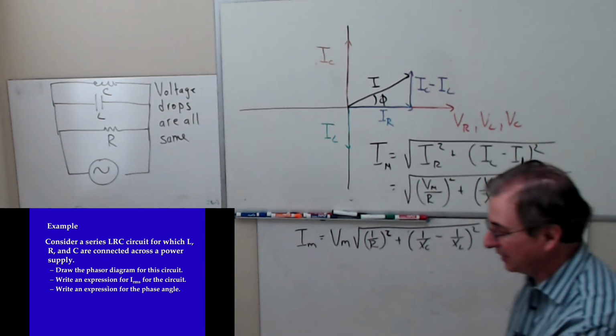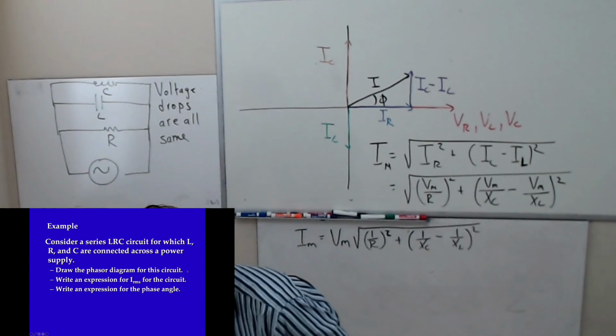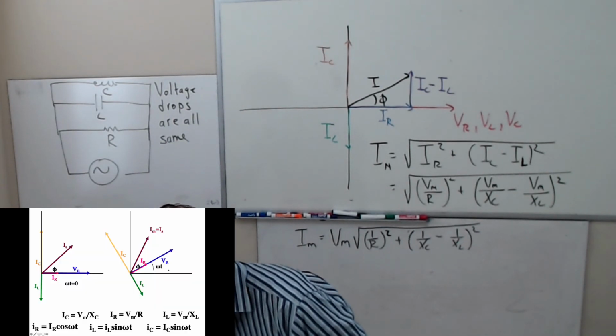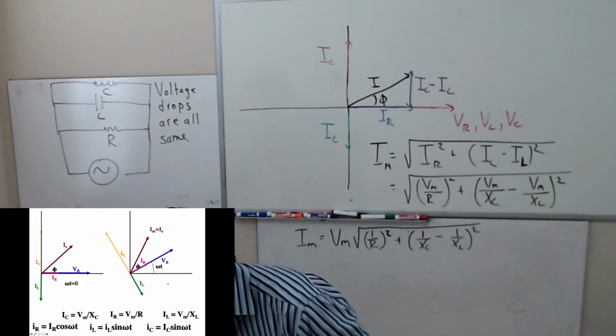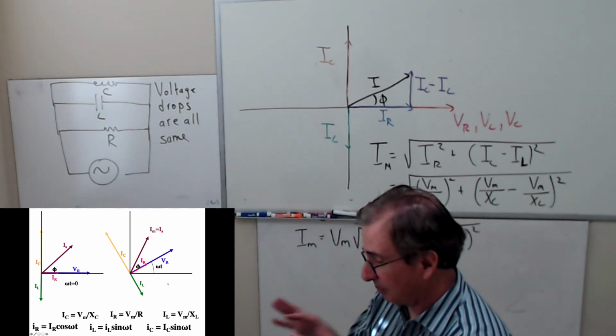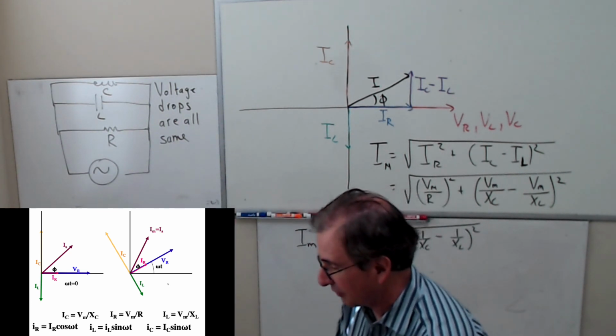Okay, but your impedance for the circuit looks different. Let me show you the equations. So that's my phasor diagram, and in the picture I've shown it at two different angles.